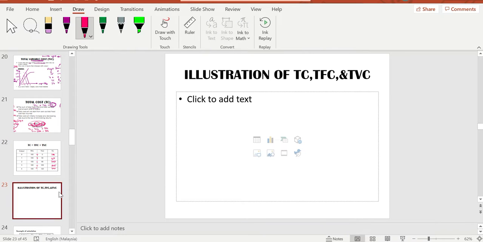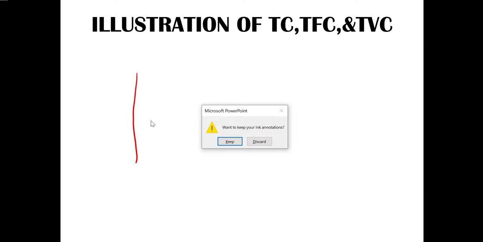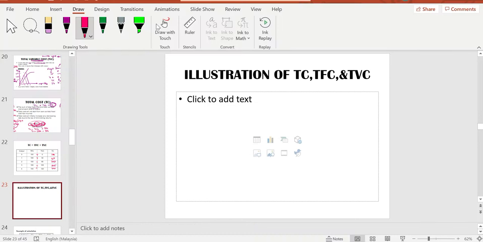And then in terms of the illustration here, what you should do is draw the same drawing. Even though the question is different, tak sama macam yang mula-mula kita test tadi 100 kan, the drawing will always be the same.